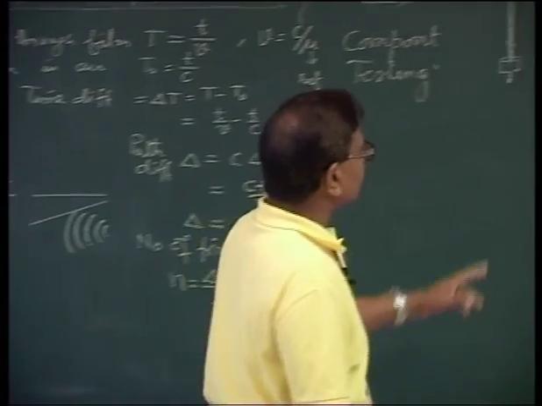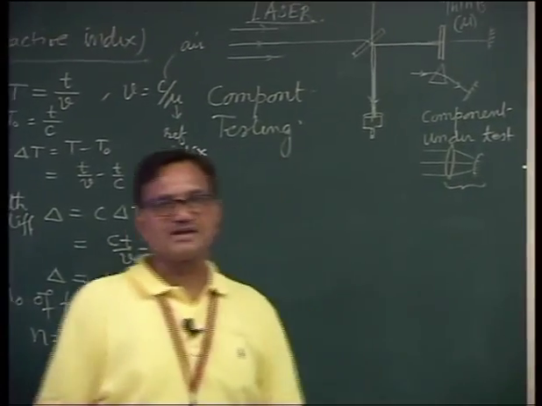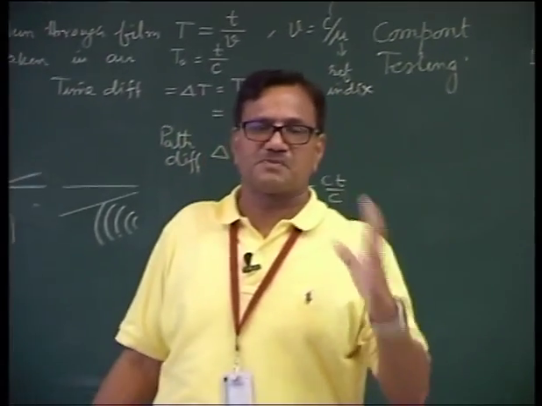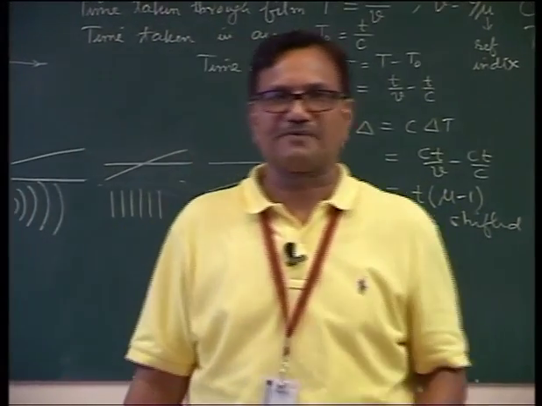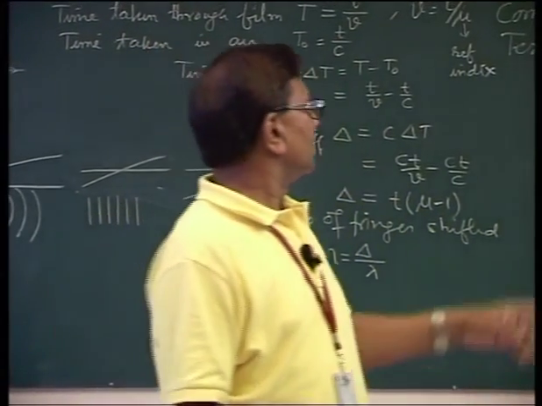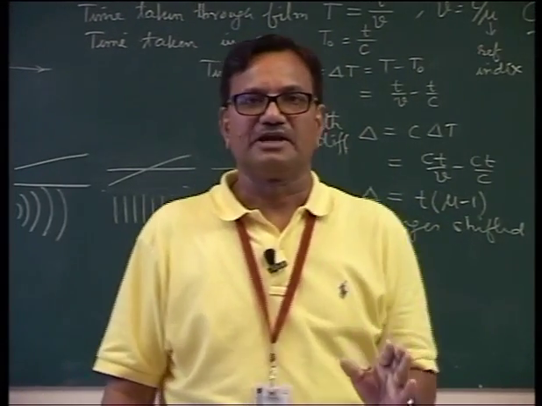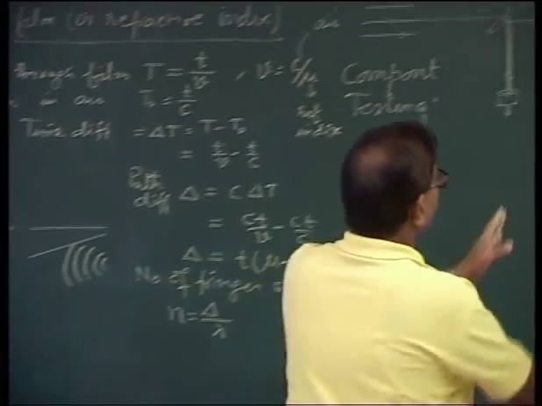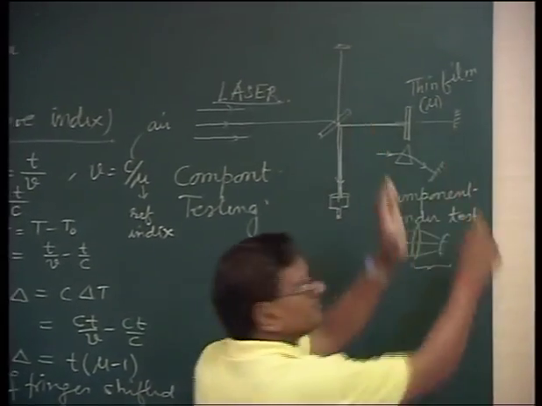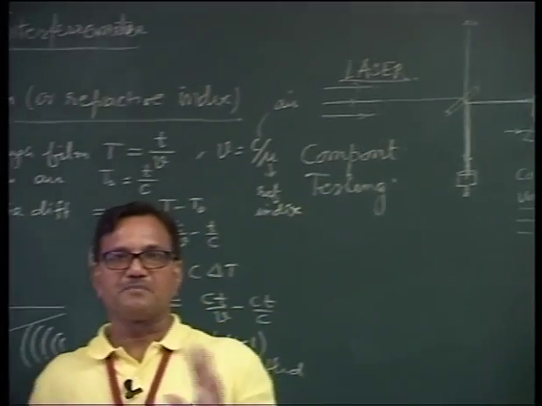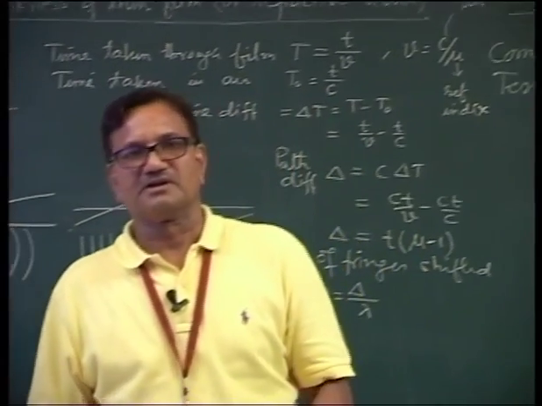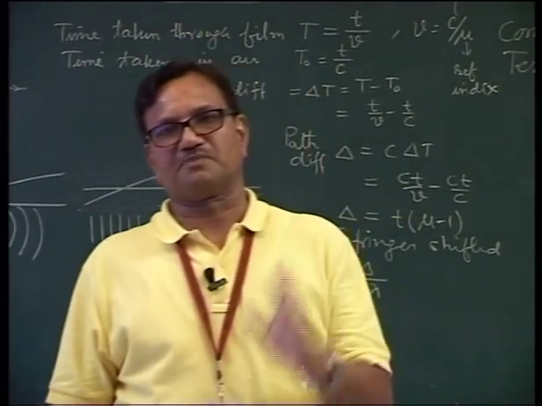Suppose we want to test a lens, whether the lens is a perfect lens or not. Are these curvatures perfect or is this surface perfect? We put a lens and a reflecting mirror behind it that reflects light normally, and this system is put in one arm. If the ring pattern remains perfect, nothing changes, then the device is perfect.